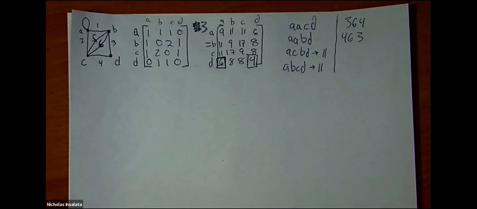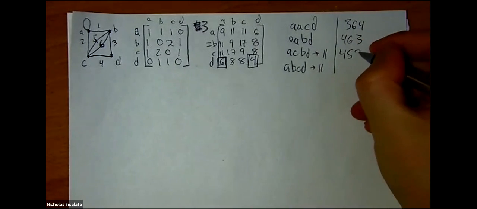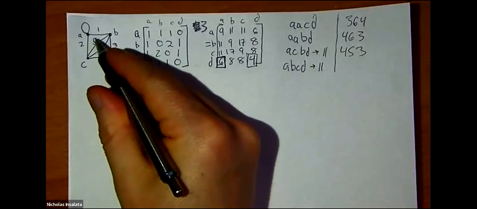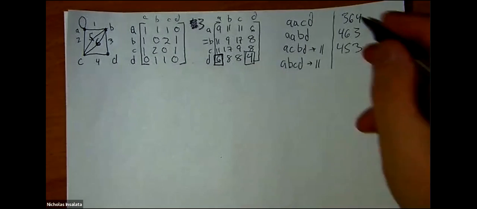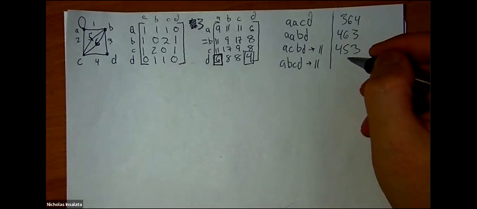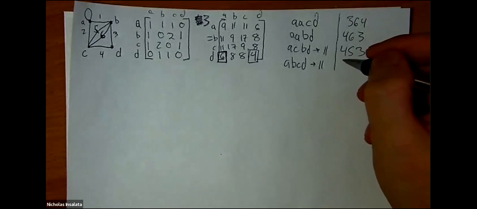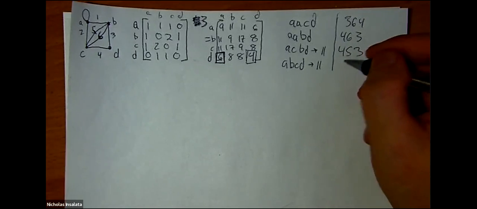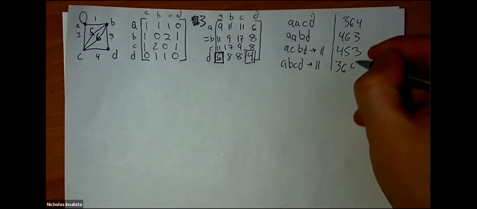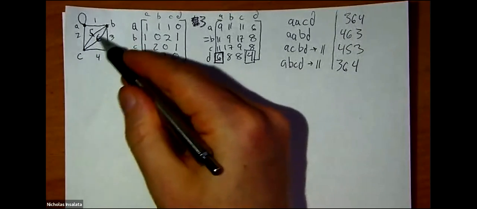Okay, 4, 5, 3. Good. 4, 5, 3. Yep. And one more. 3, 5, 4. We already got that one. So what's the other option? Perfect. 3, 6, 4. Nice.